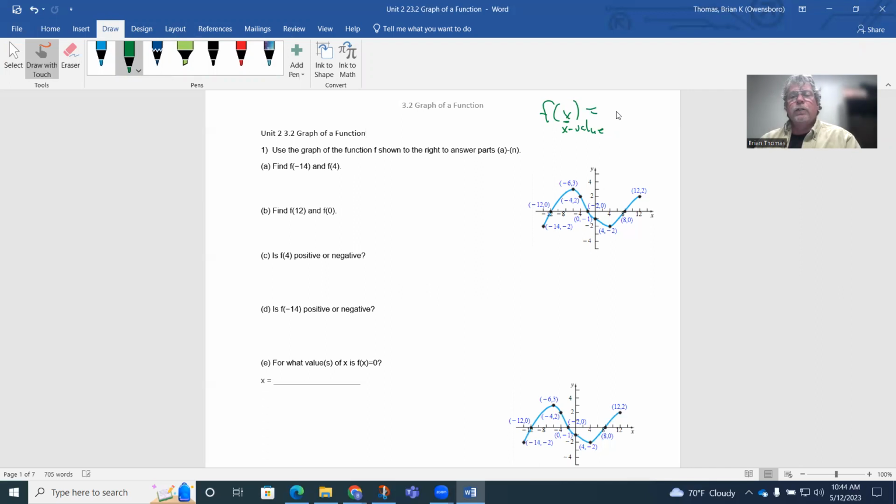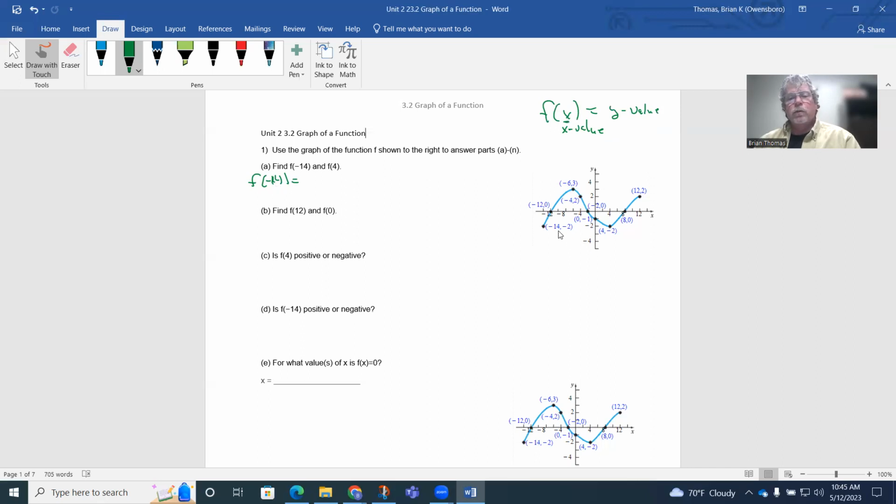And the answer to this is actually going to be the y value. So if I'm asking for f of -14, what does it equal? Well, notice how the input value is -14. It's going to go through some type of calculations, which we don't know what the formula is, but the result is going to be the y value.